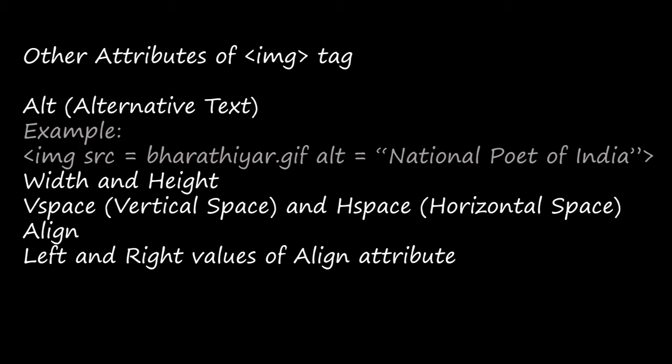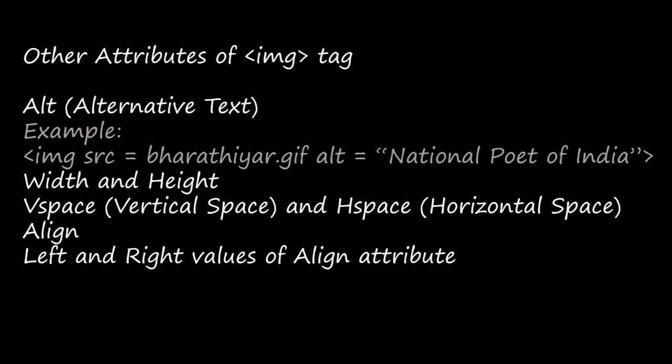First, let's see alt, the alternative text. This alt attribute comes within the image tag, and here you describe the image, so that when the image is not displayed, for example if the image format is not supported by the browser, that particular text will be displayed there.